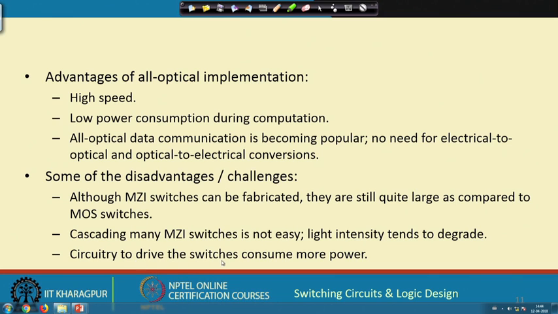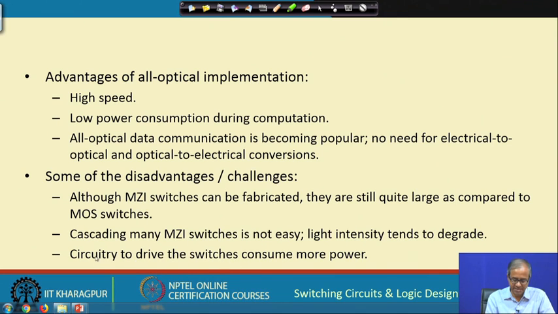And the associated circuitry to drive the switches: the switches do not consume much power, but the circuits that may be required to drive the switches can still consume significant power. So, these are some of the drawbacks. Once these drawbacks are addressed by researchers, possibly we can have a feasible technology for implementing logic.